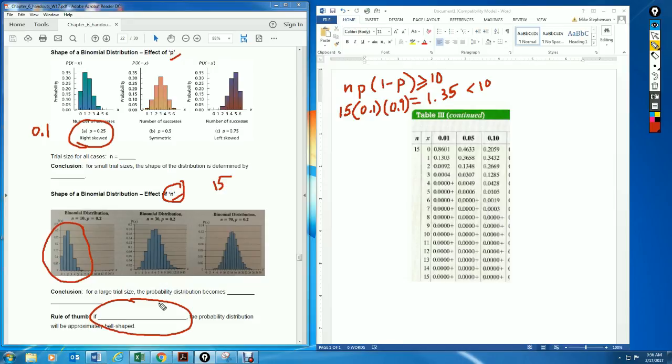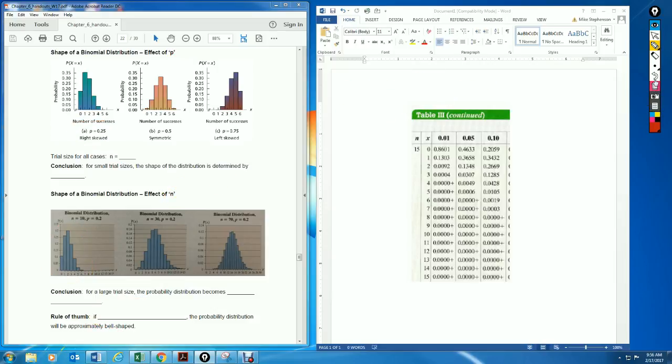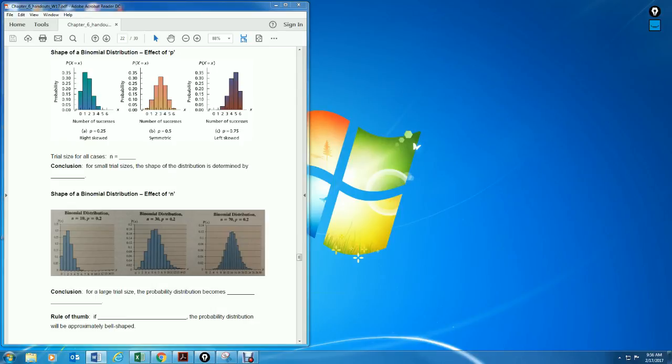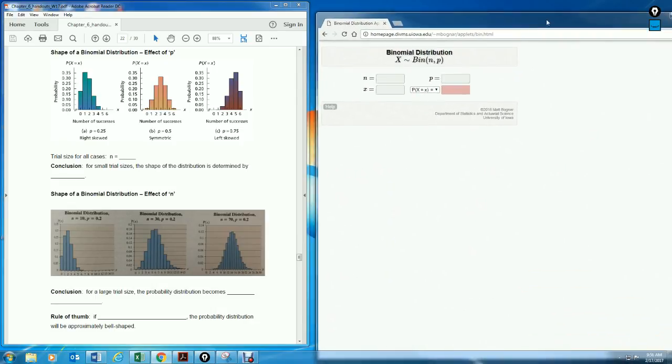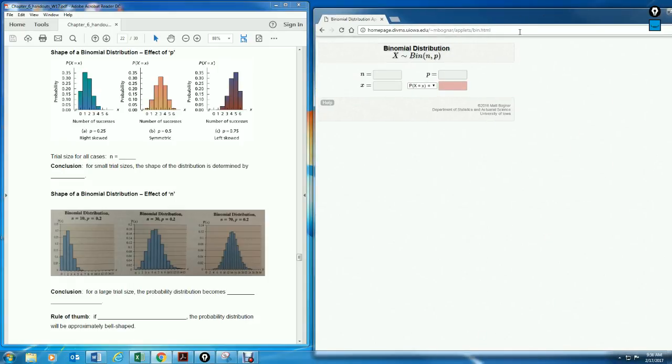All right, I'm going to erase again. And then I'm also going to show you on a different website how you can actually just plot these distributions. I'll post this link, but if you just Google plot binomial distribution, this should come up first.